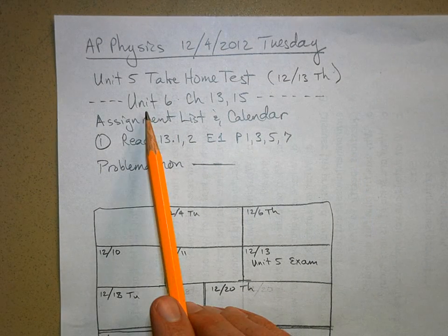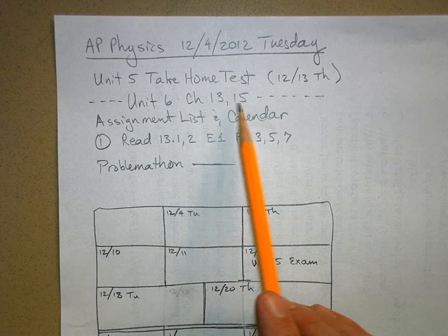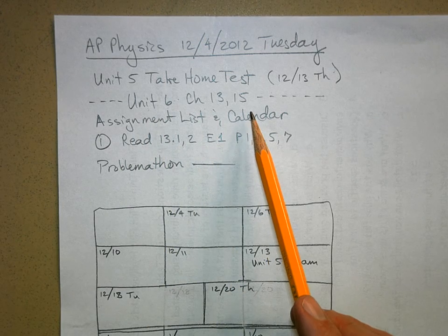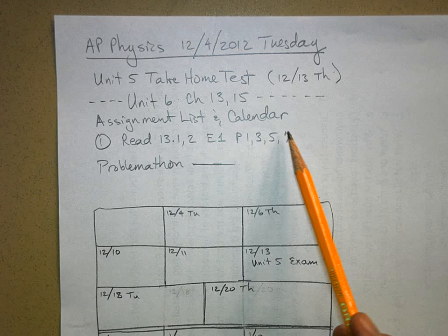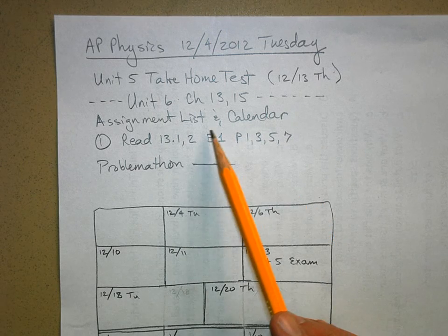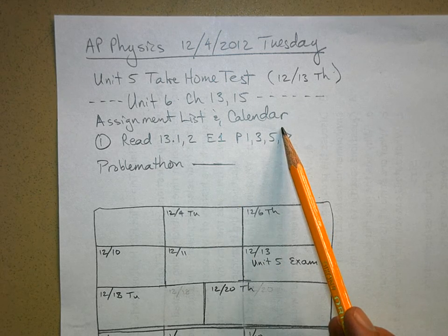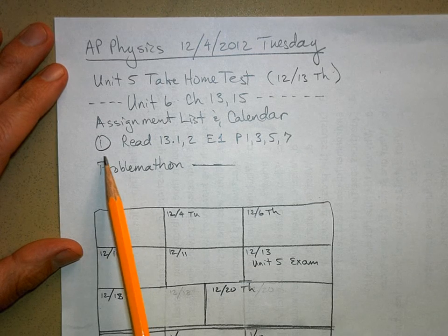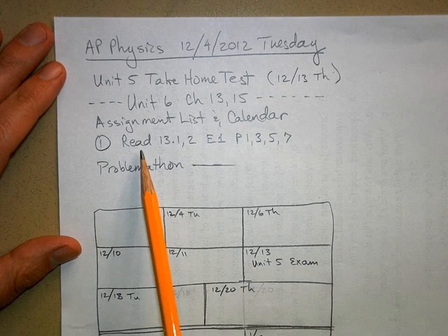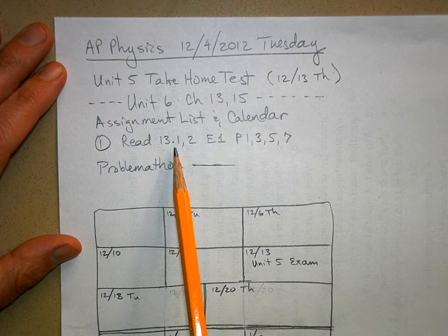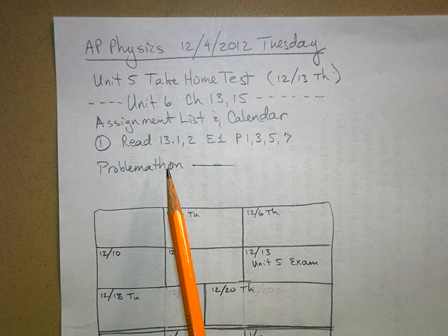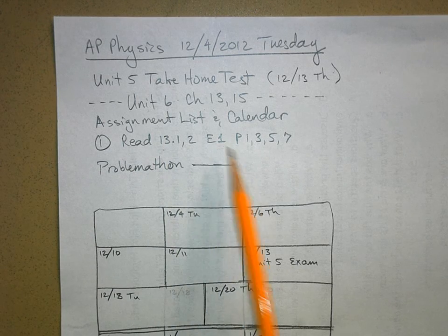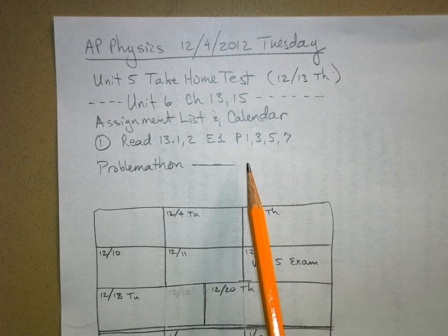Then we're going to set up the Unit 6, Chapter 13-15 calendar, which we're going to do here in just a minute. I'll set up your assignment list and calendar for Unit 6, and then I'm going to lecture on Assignment 1. I'd like you to read the book, read 13.1 and 13.2, and then do the example problem, and then these 4 problems.